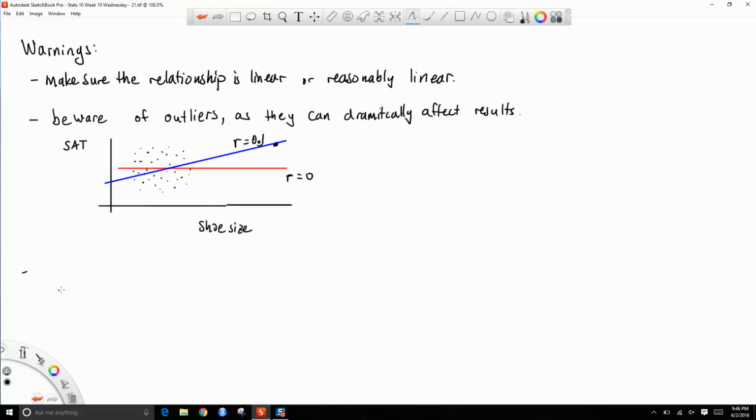Okay. Another warning, do not use your regression to make predictions in regions where you have not collected data.